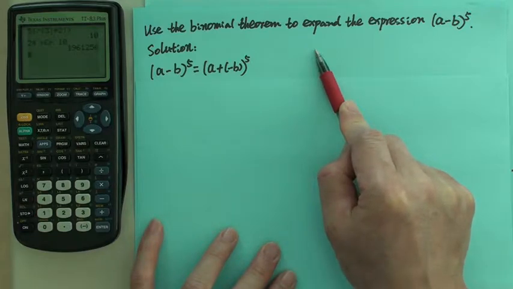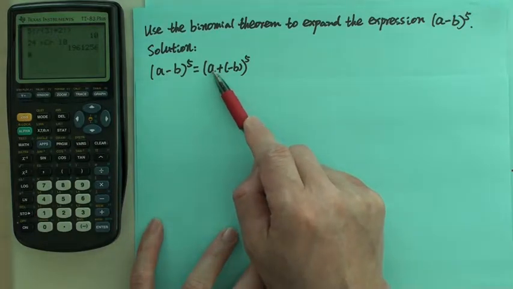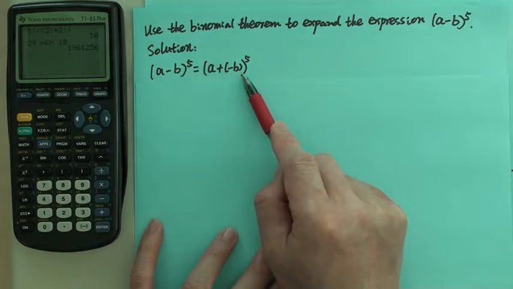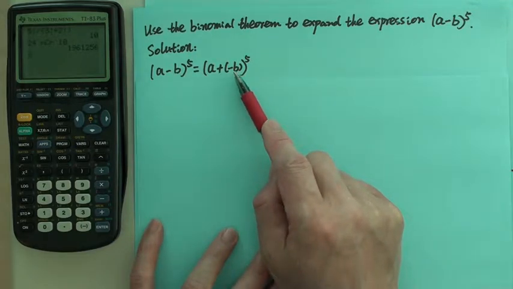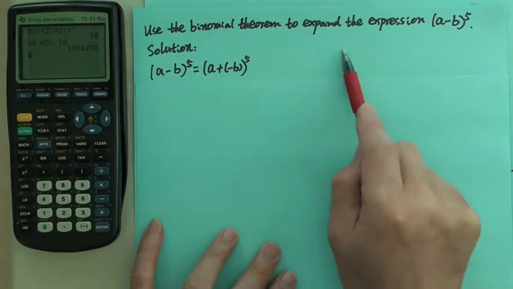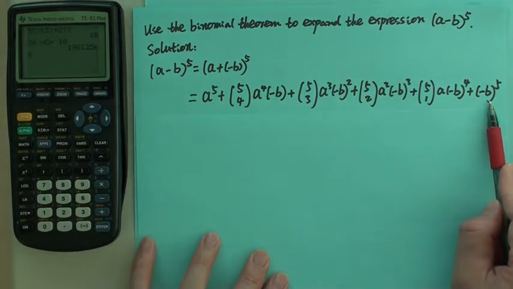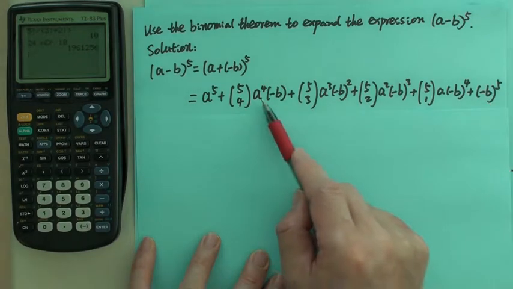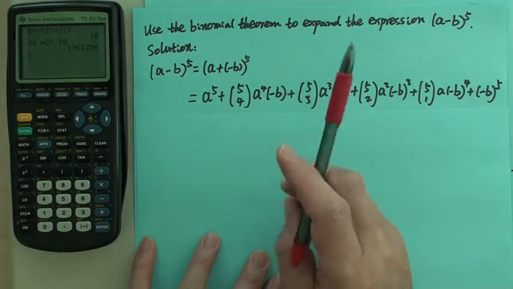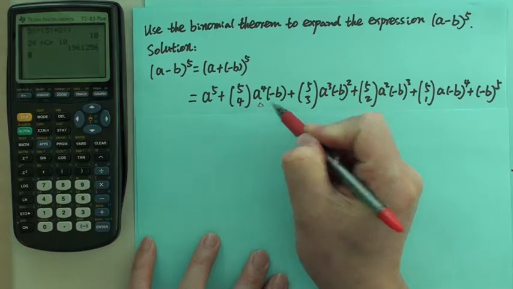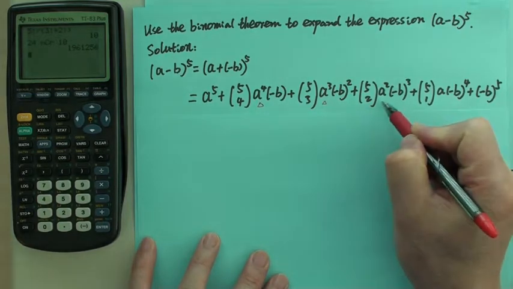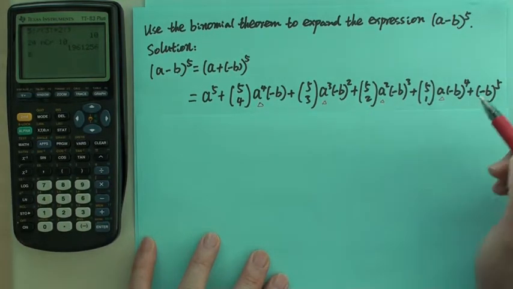Okay? Yeah, the binomial theorem tells us that the first term starts with a to the 5th. The last term will end with negative b to the 5th. So the first term and the last term are clear. And then the exponent goes down. Here is a, and then here is a, here is a, here is a.